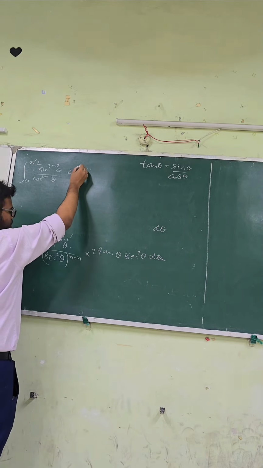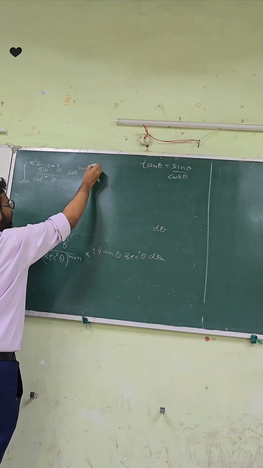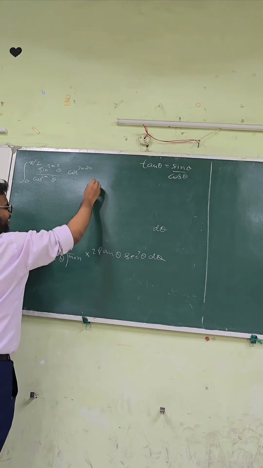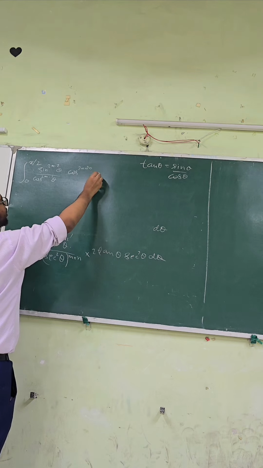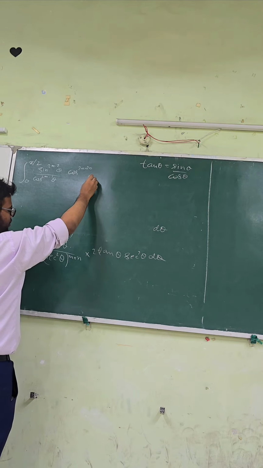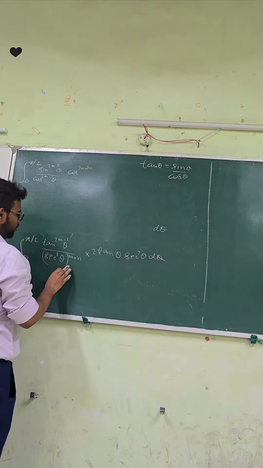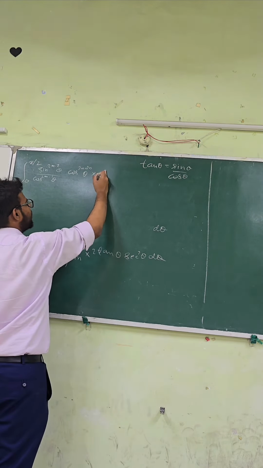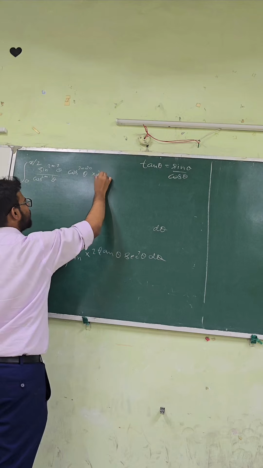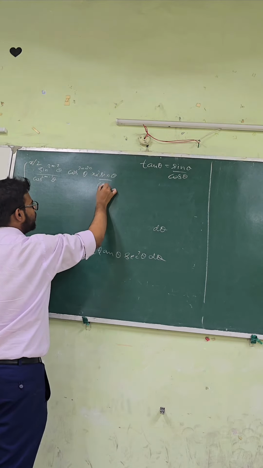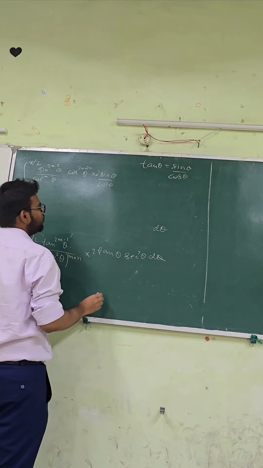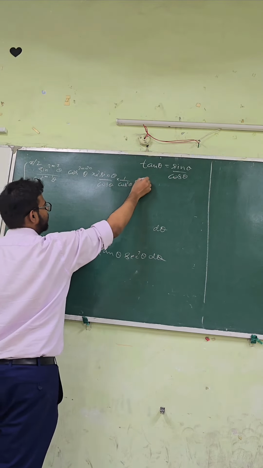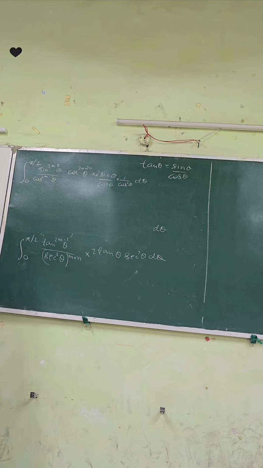So you get cos of 2m plus 2n, right? I hope this is clear. Into, what we are getting over here is this, yeah. Into 2 tan theta, you can write again 2 sine theta by cos theta, into this quantity. This is again 1 upon cos squared theta d theta, right? You get this. Okay, as simple as that.